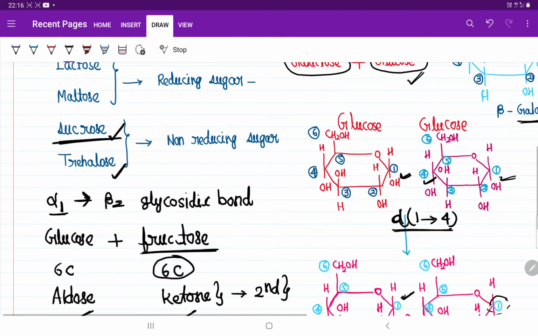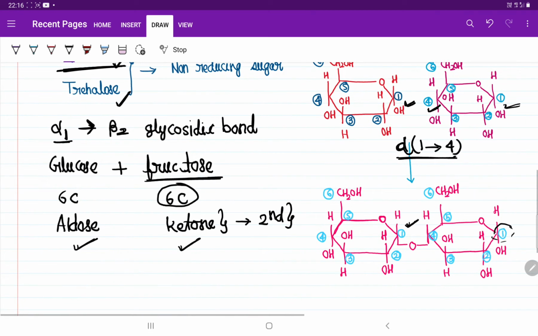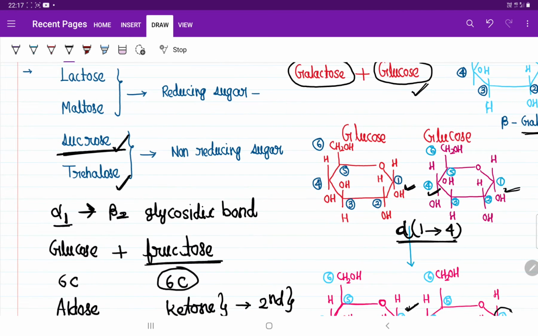So sucrose has two sugars, and their aldehyde group and ketone group are blocked in formation of the glycosidic bond. So they are non-reducing sugar. Remember, sucrose is a non-reducing sugar.